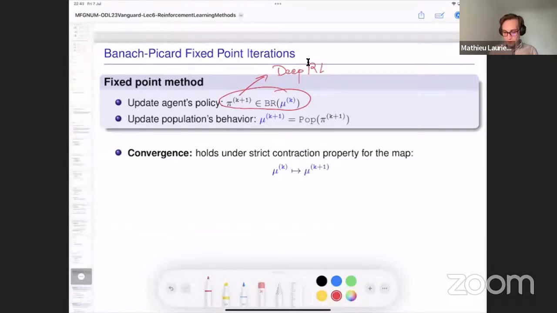Sure, that's fine, but the problem is this best response set, and I think that was one of the exercises in the first lecture, this best response set could contain many best responses, and all of them are optimal, but only one of them will allow you to recover the mu, which is the fixed point. So maybe there is a distribution which is a fixed point. Against this distribution, there are many optimal policies, and only one of them gives you the correct mu. And in that case, it's not clear that your deep RL algorithm will select the correct optimal policy.